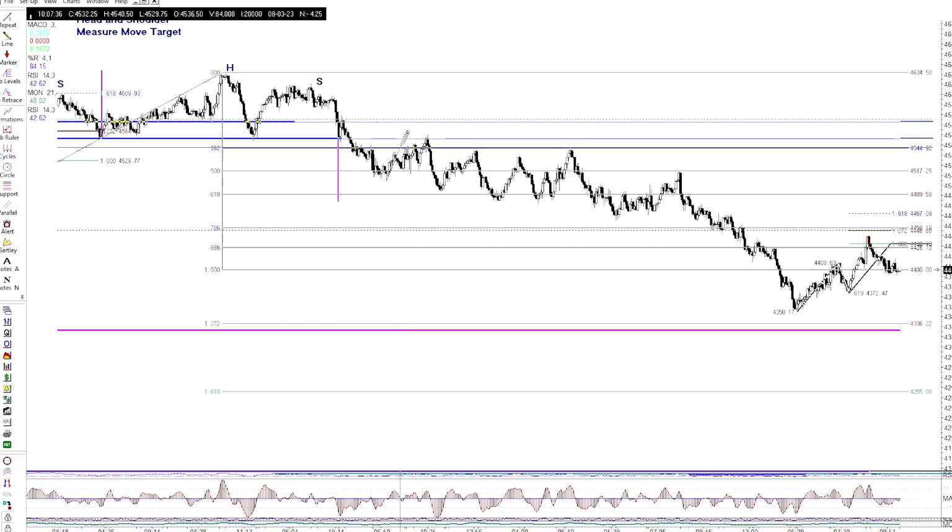I'll draw a few in for you so you can see. There's one there. Then it declines. This is just a retracement pattern up, retracement pattern up. The next one is another ABCD. Notice how that gets up to the 1.618 and then declines from there.